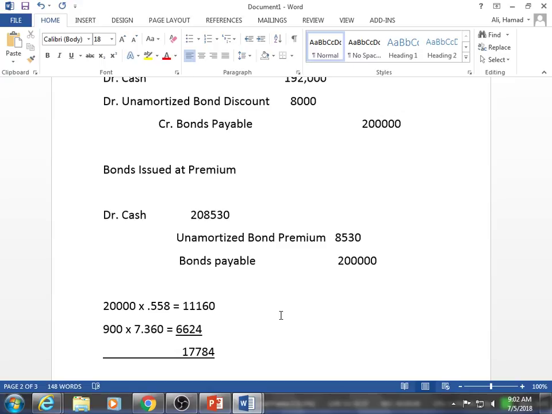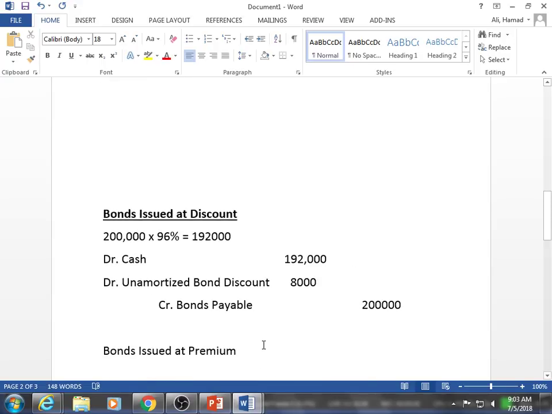Under the discount, the carrying value goes up; under the premium, it goes down, because either way we're going toward the 200,000. Remember that, maybe it's going to come in one of the multiple choice questions on the test.